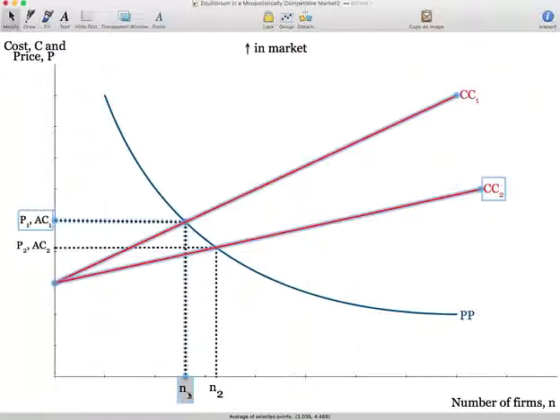We end up seeing that price is going to be greater than average cost, so that's going to act as the incentive to entry, and that is why we move from an equilibrium point from N1 to N2, and at that point, price and the new average cost are equal to one another, and there's no incentive for entry or exit in this marketplace.